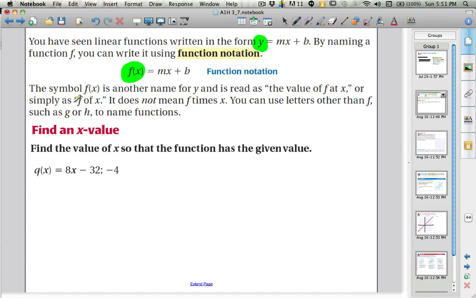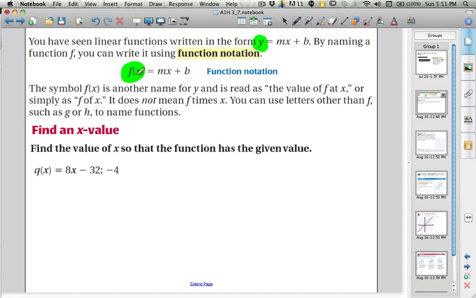We generally say f of x. It does not mean f times x. The f is not part of the equation. We have just replaced y with the term f of x, partly because you can use the function notation for a variety of things.